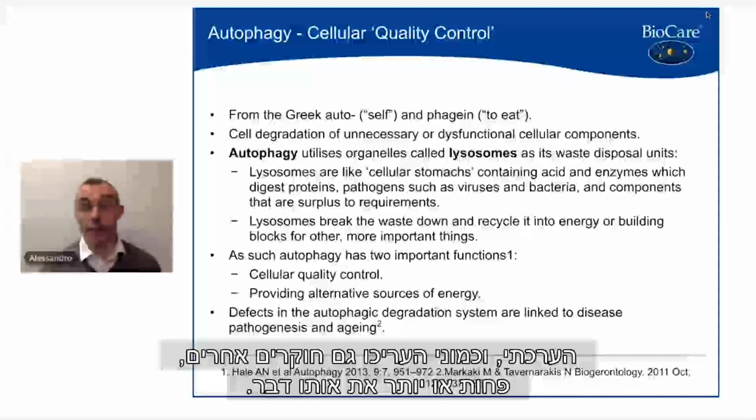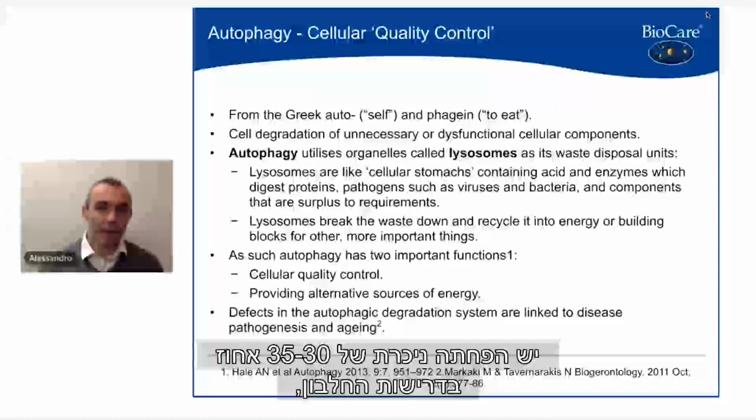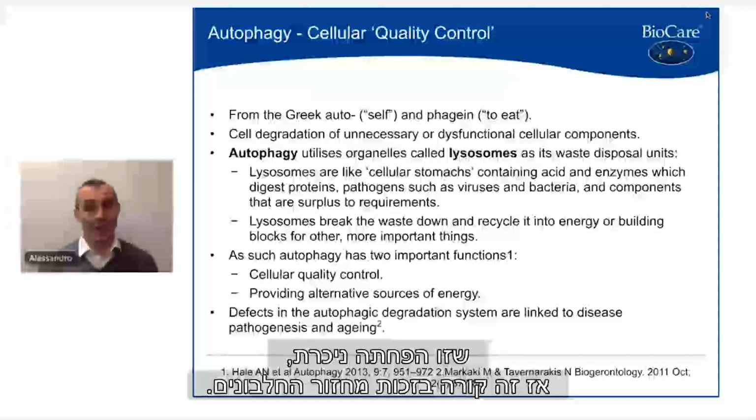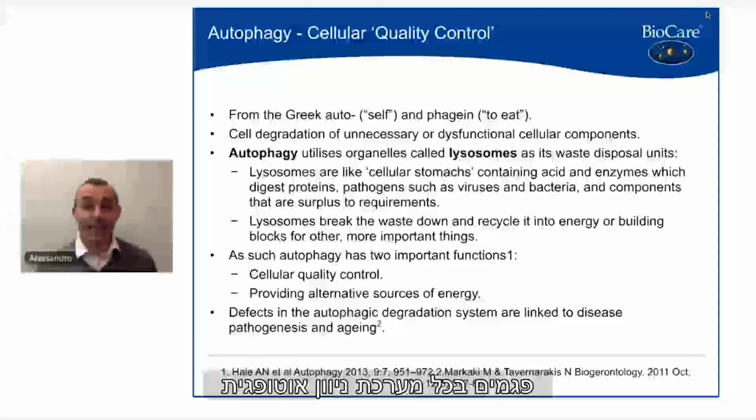I have estimated, and other researchers have estimated pretty much the same, a substantial 30 to 35% reduction in protein requirements. This is actually down to the recycling of these proteins.